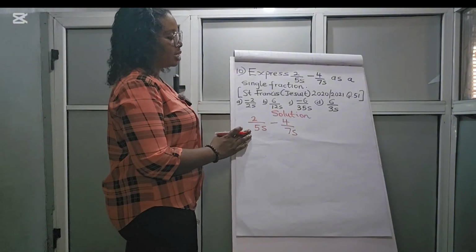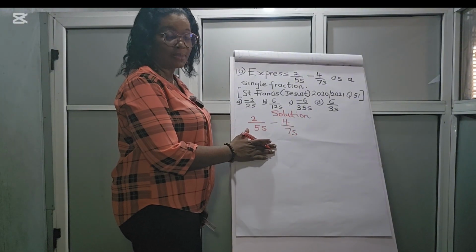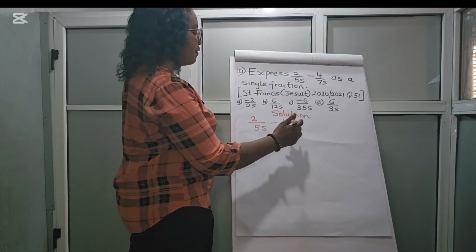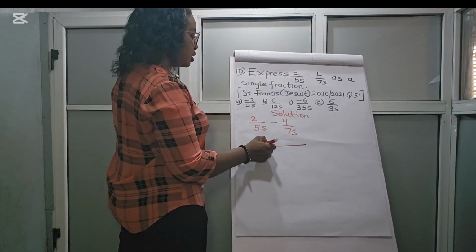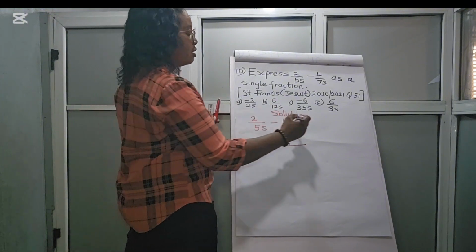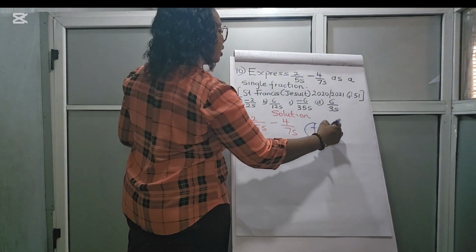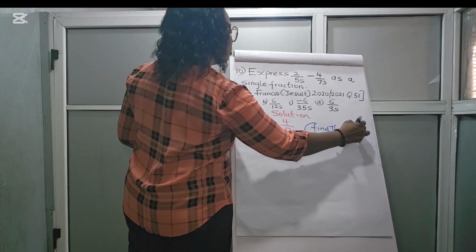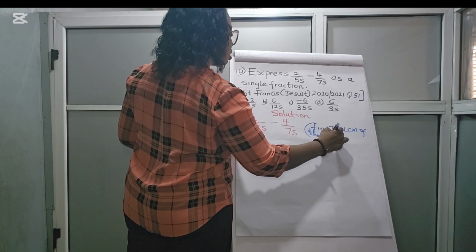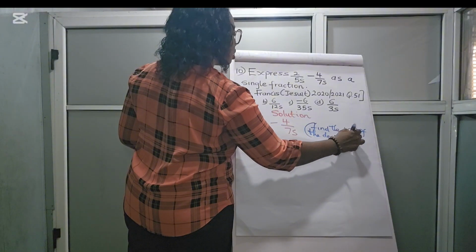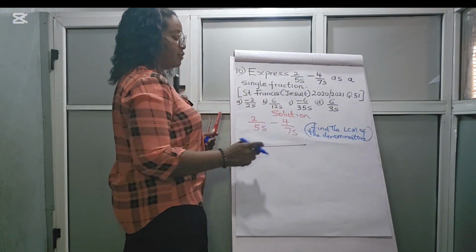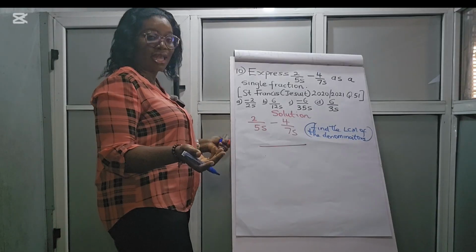So this is more like a fraction, so we'll solve it as a fraction. First of all, we're going to find the LCM of the denominators. The denominators are 5s and 7s, so we'll simply multiply the two.